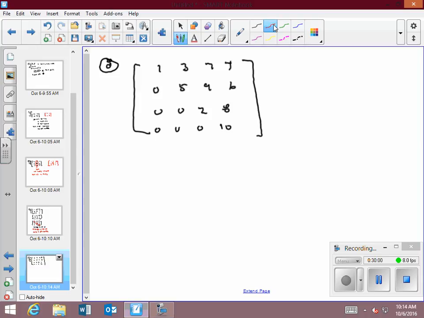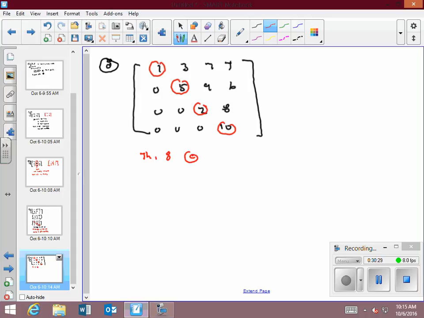What we have is a pivot position everywhere. And if you look at theorem 8 and you look at C, it says A has n pivot positions.